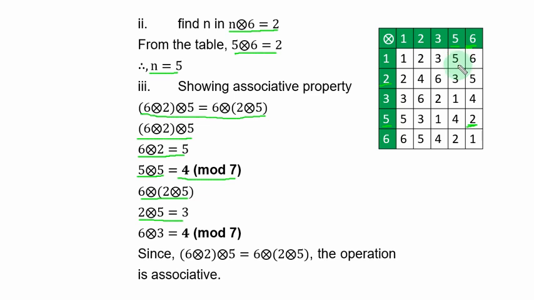Their point of intersection is 3. So 2 times 5 is equal to 3. If you replace 2 times 5 by 3, you therefore have 6 times 3, that is equal to 4, modulo 7. You take 6 for the row and 3 for the column. Their meeting point is remainder 4. So since the left hand side is equal to right hand side, we can state that the operation is associative.